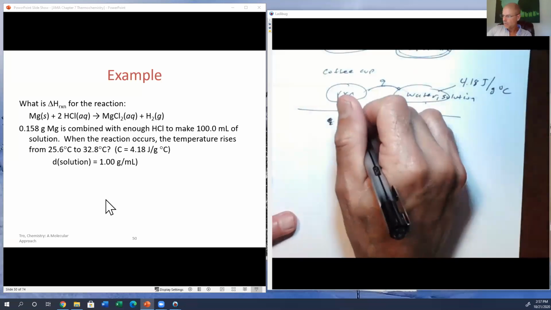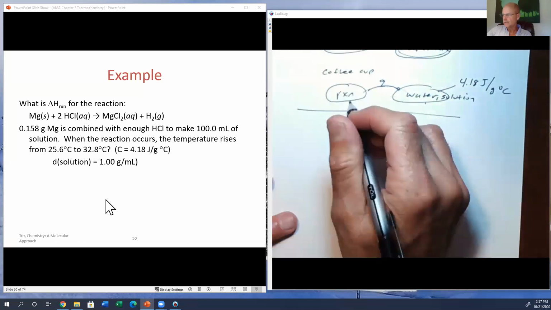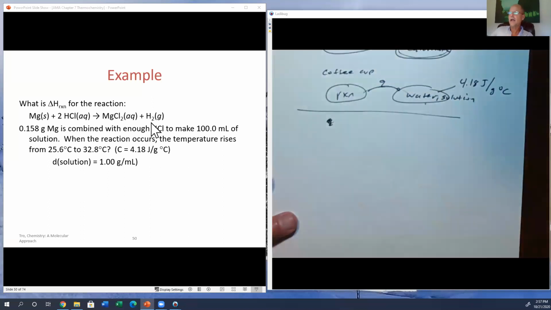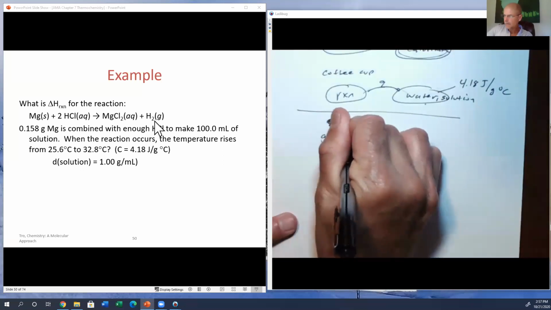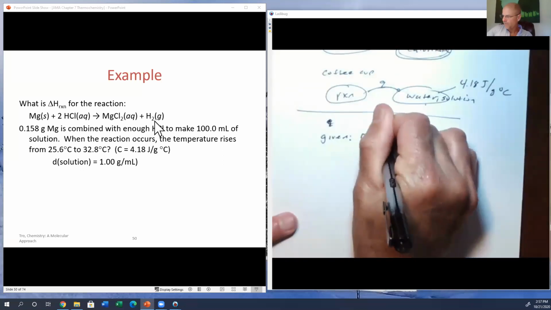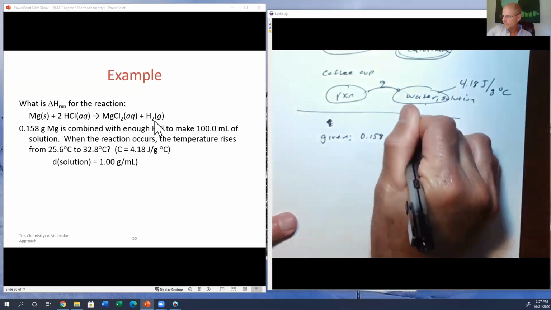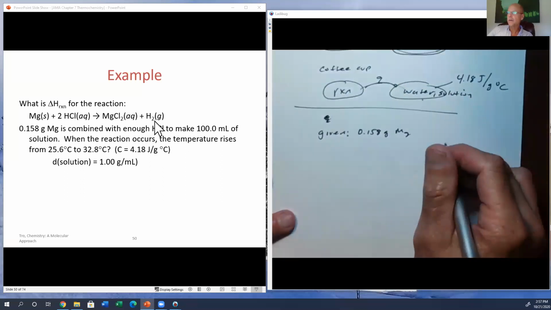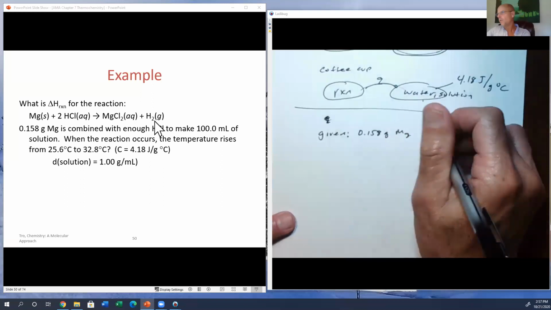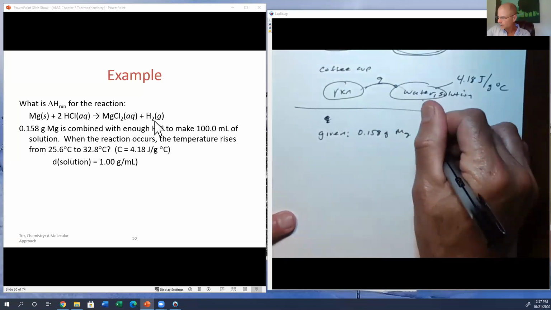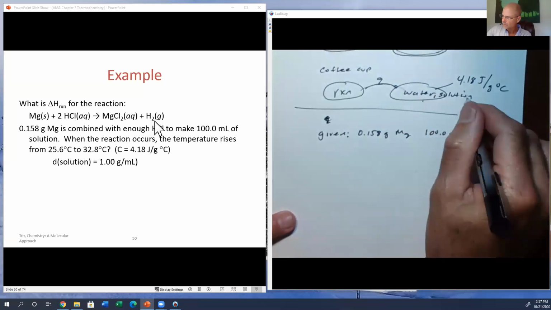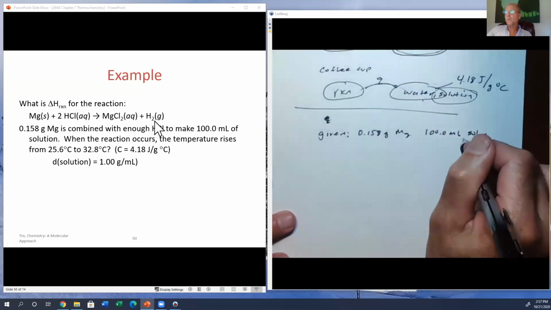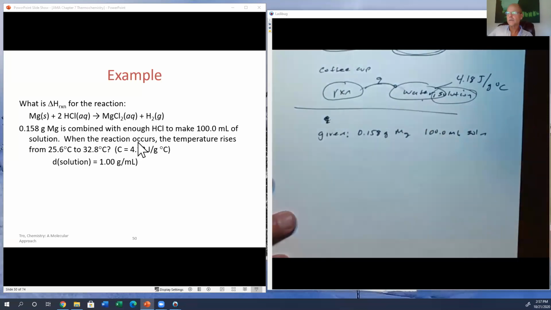So let's just do this example. Okay, so you have this reaction, right? And you're given that 0.158 grams of magnesium is combined with enough HCl to make 100 milliliters of solution. All right, so this is the solution, but it's mostly water, right? So we're going to assume the heat capacity is just the heat capacity of water, okay?